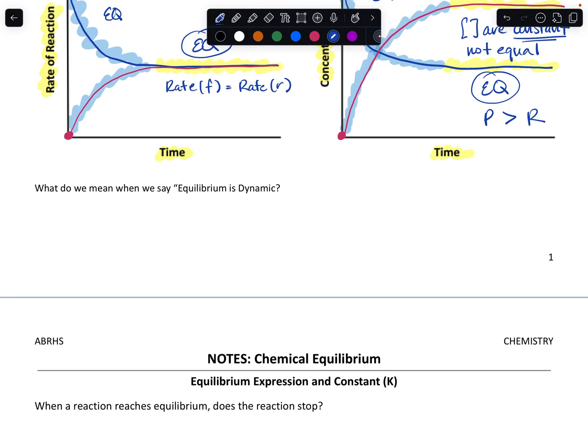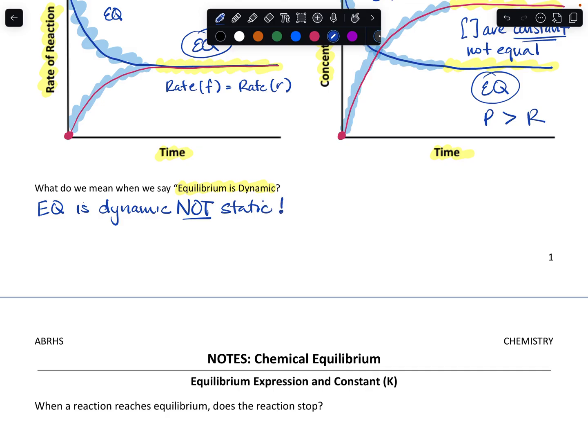Now, the last thing we talked about as part of our introduction was the idea that equilibrium is a dynamic process. What that means is equilibrium is dynamic, not static.